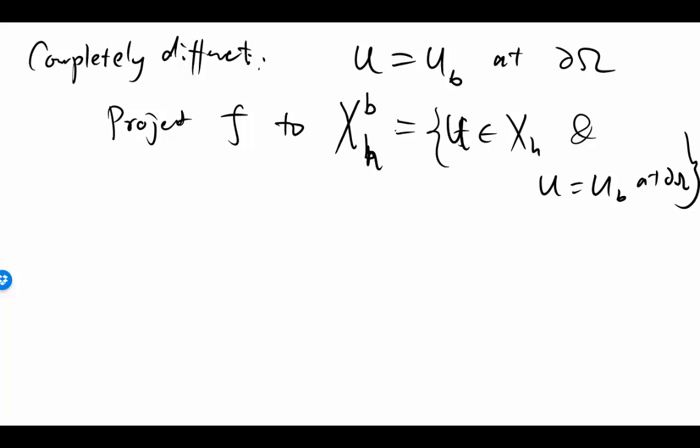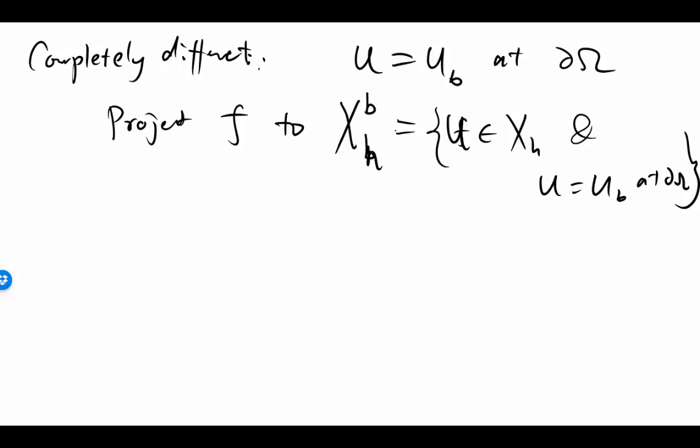So this is a restricted version of Xh. I have an Xh that is a lower dimensional function space, where f lives in the higher dimensional function space, and I want to project this f into the affine space, no longer a linear space, that not only lives in the linear space Xh but also satisfies a non-homogeneous boundary condition.